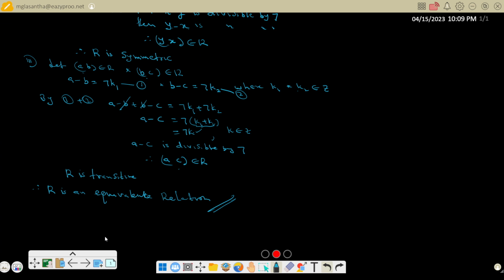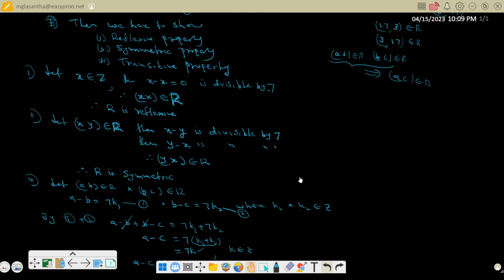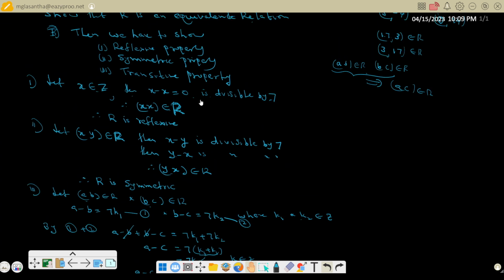You might get this question in the exam, so keep it in mind. They might give any integer, so you can substitute any integer. In this example, they might have different values.